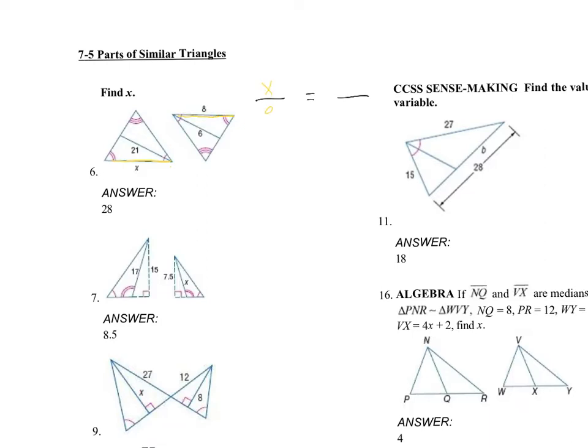So I'm going to have x over 8, and then I know here that this is 21, and that is going to be proportional to 6. And so now I've got my proportion set up, and I'm going to cross multiply and divide, and I'm going to get that my answer is 28.